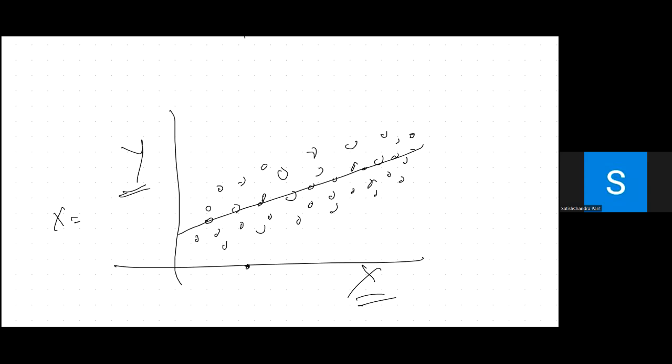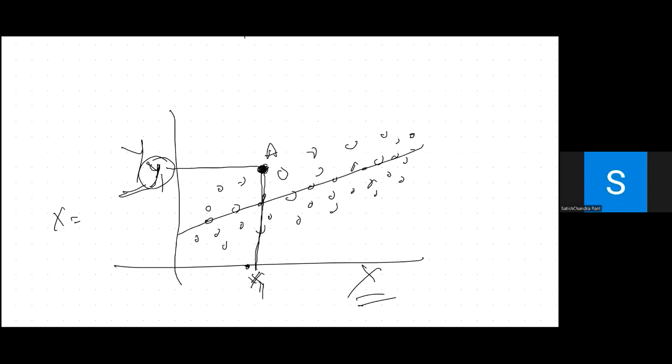Okay, let's take an example, the same example where we were connecting the value of x with the value of y. Let's suppose this is an observation. If you want to check the values of x and y for this observation, you will see for this particular observation, this is x1 and this is y1, right? This observation tells you about the true depiction of the data. So the true value of y is represented by this.